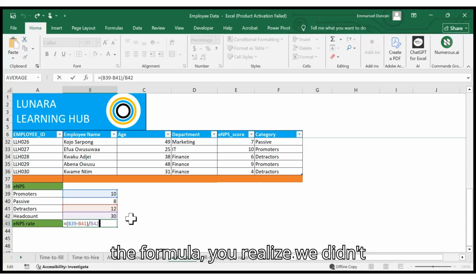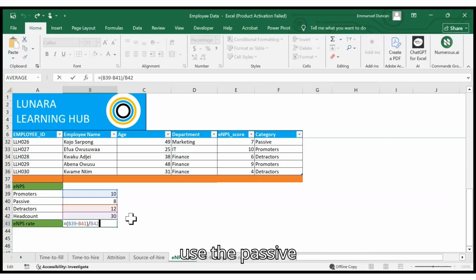In the formula, you realize we didn't use the passive promoters. This is because the passive promoters are seen to be neutral people, uncertain about your brand and cannot feasibly promote your brand.